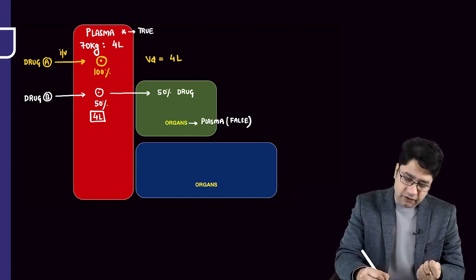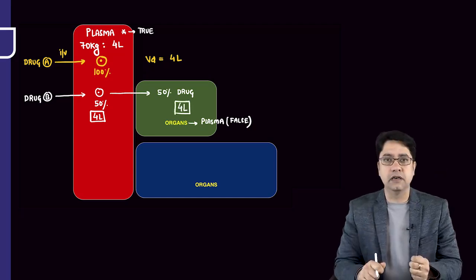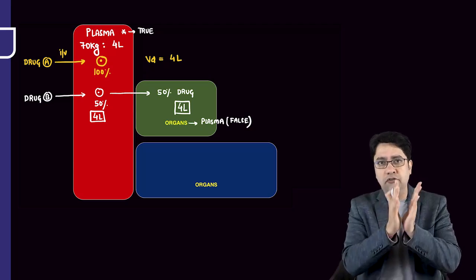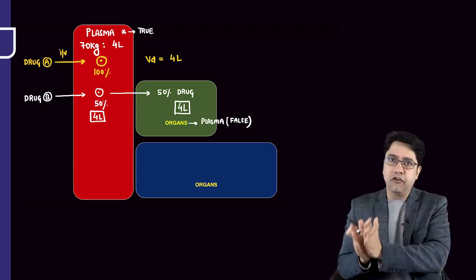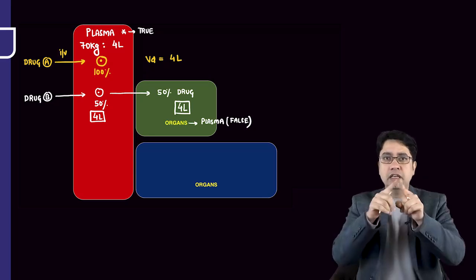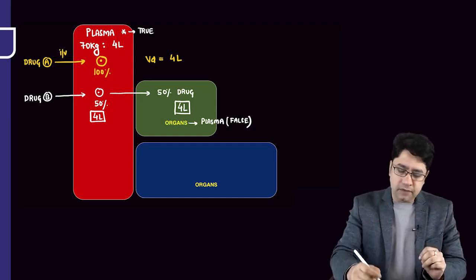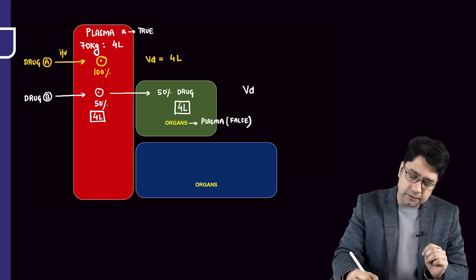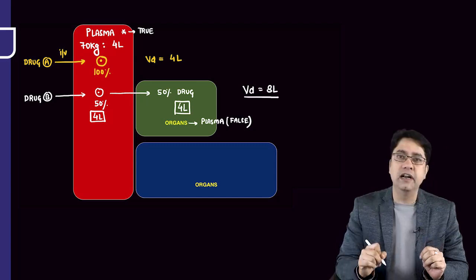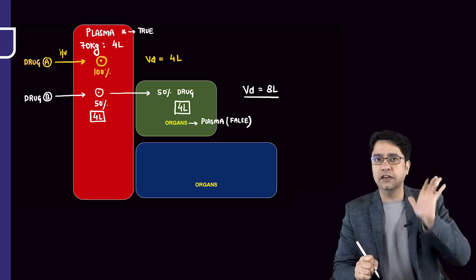Yes, another 50% of the drug will require 4 liter of plasma. That means 4 liter of true plasma and 4 liter of false plasma. So this drug is contained in a total of 8 liters of plasma. So the volume of plasma required to contain this drug will be 8 liters.